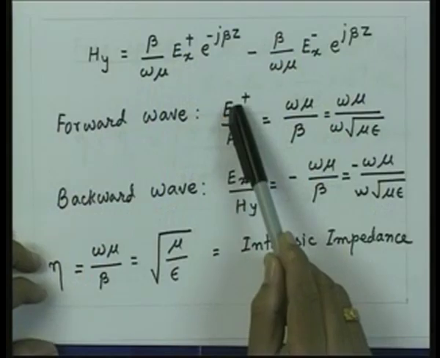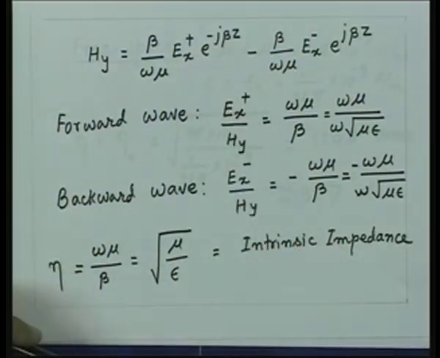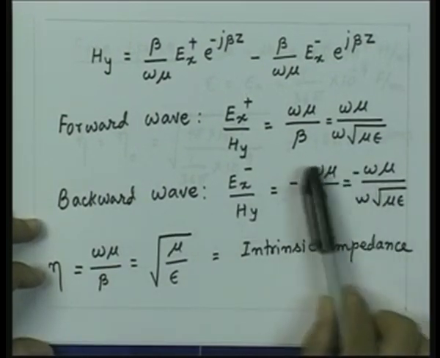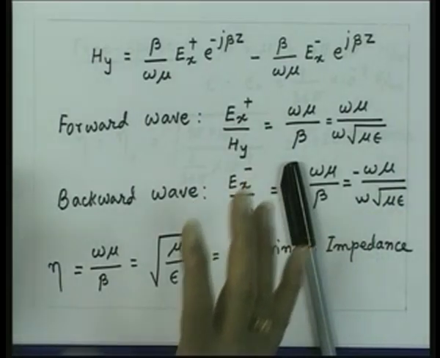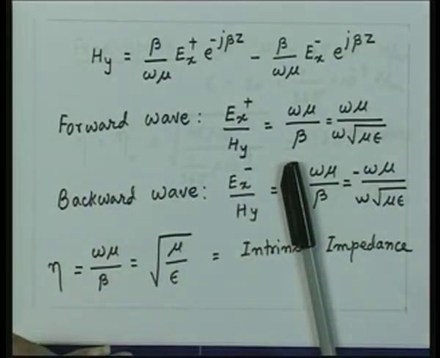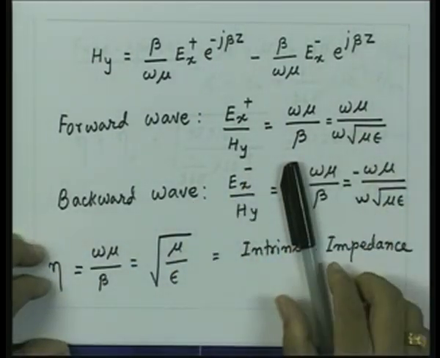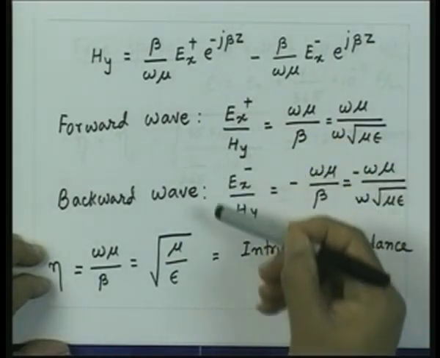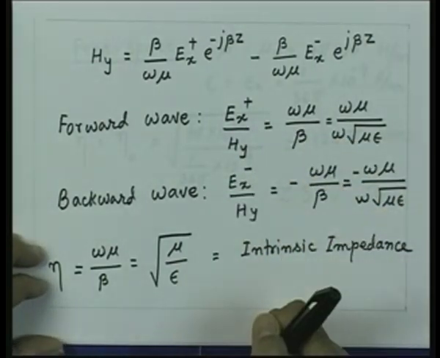So the negative sign was equivalent to the reversal of the power flow. However, in this case, when we are talking about this quantity Ex and Hy, we have a negative sign here, and that should also refer in some sense to the same phenomena which we have seen on transmission line. So this we will see little later, whether it would represent the flow of power backwards and so on.